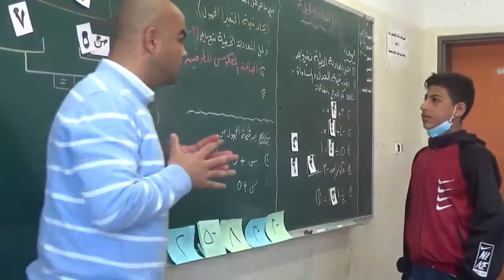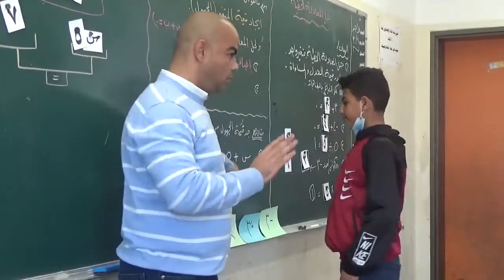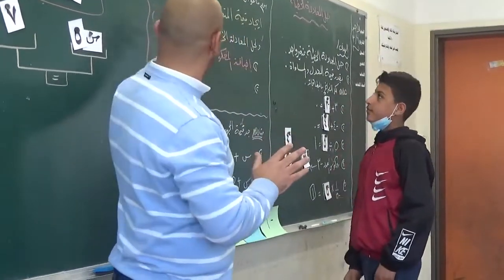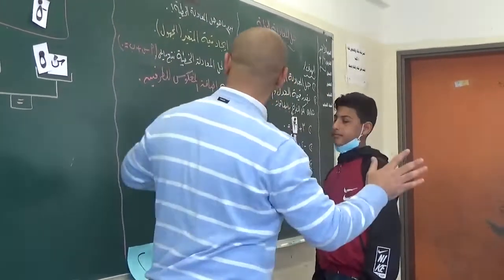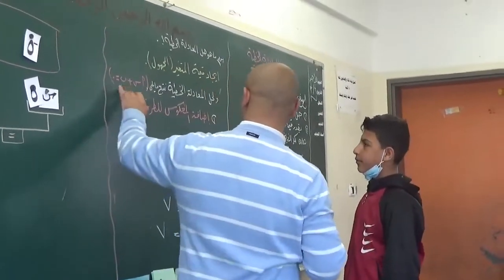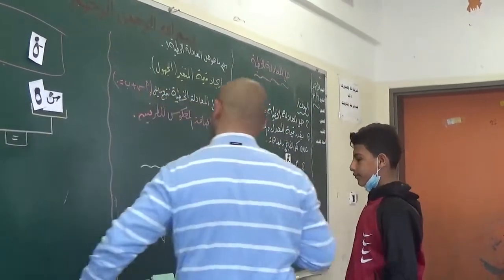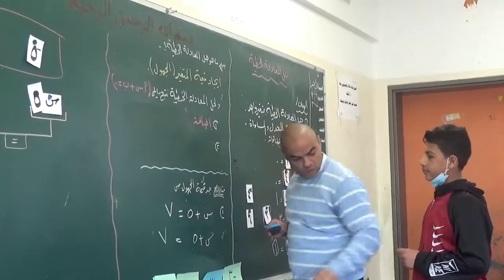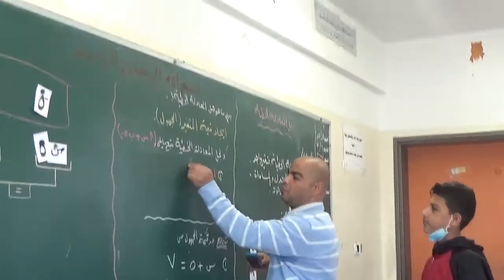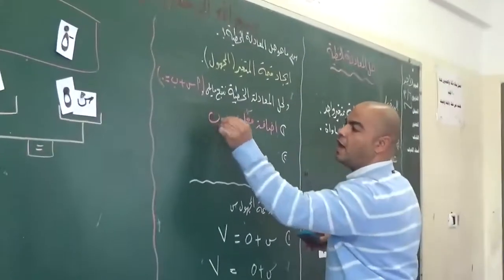Student: Firstly, I added the opposite of 5 in the model equation. We added the opposite number to the two sides, the opposite of b, sorry.